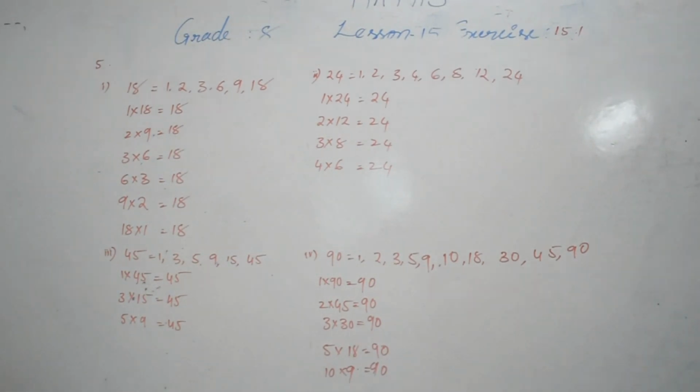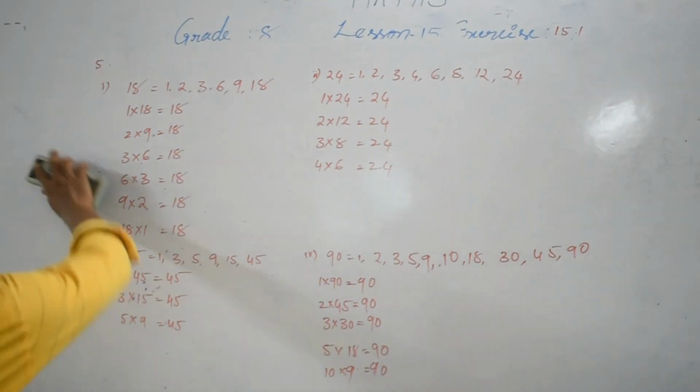Write any 5 numbers which are divisible by 2, 5 and 10. Your own, the sixth one.